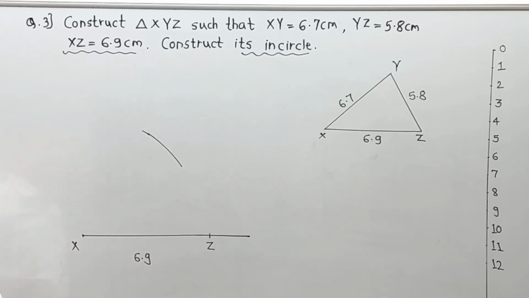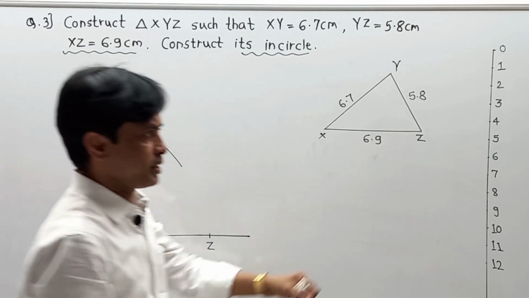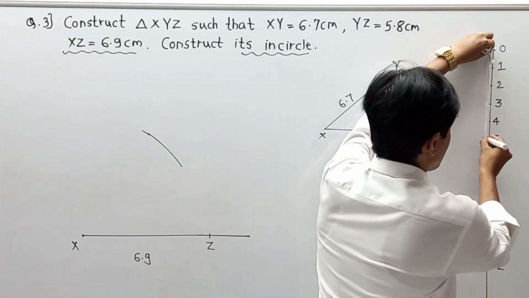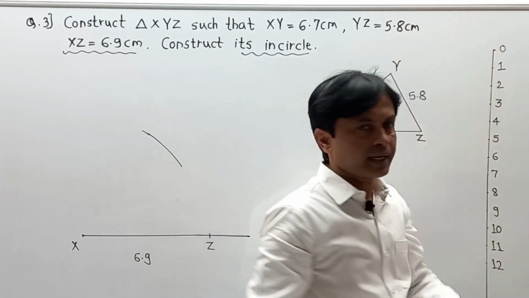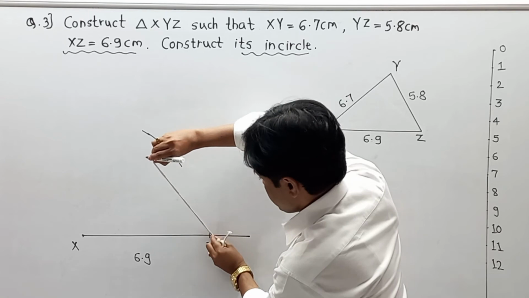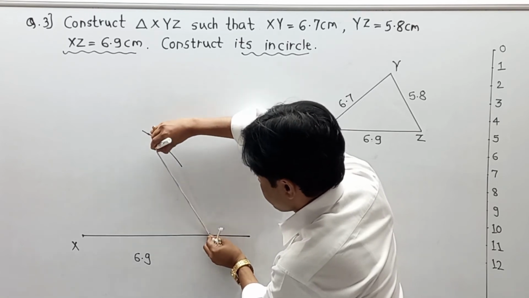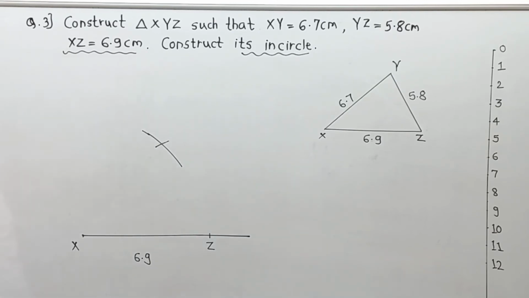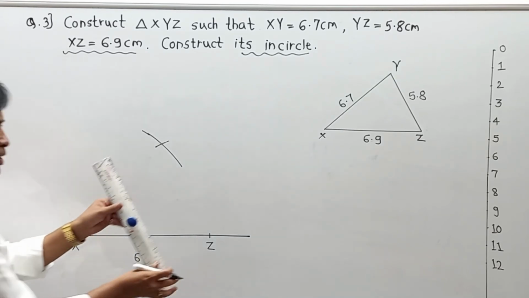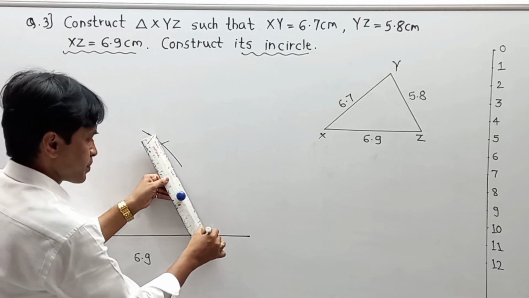Now we know that the distance from Y to Z is 5.8. So again I am going to take a distance of 5.8 and draw that arc from Z. So the marking is over here. Now we are able to get the complete triangle in front of us.